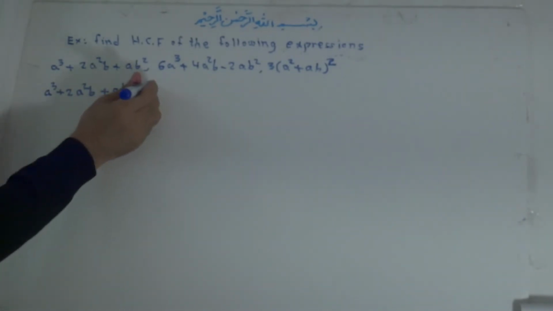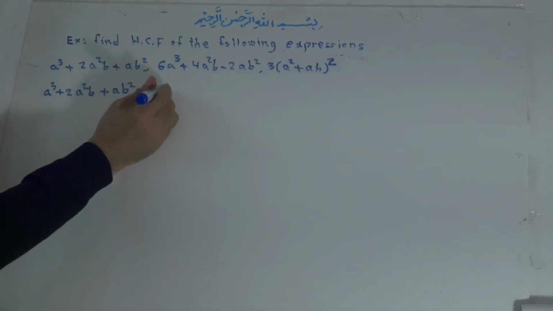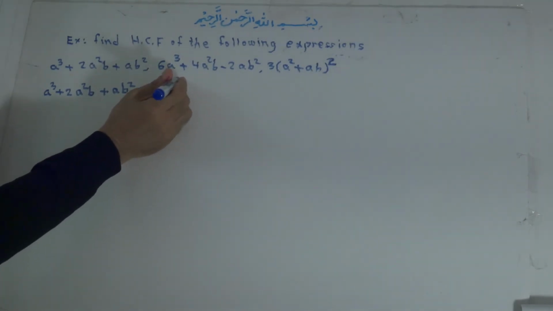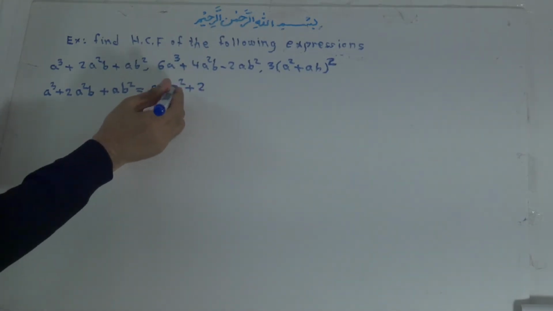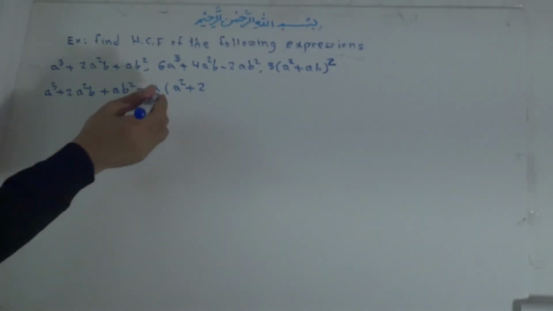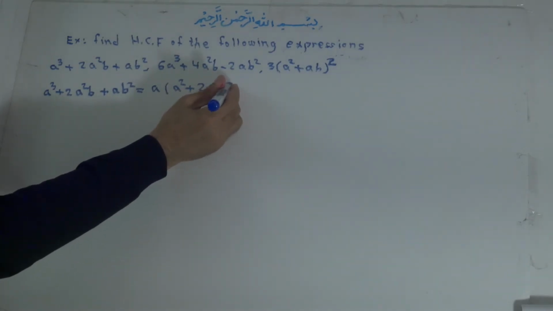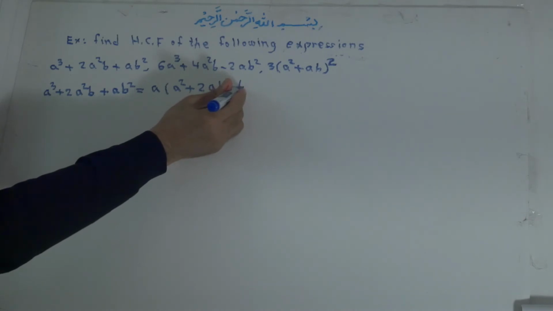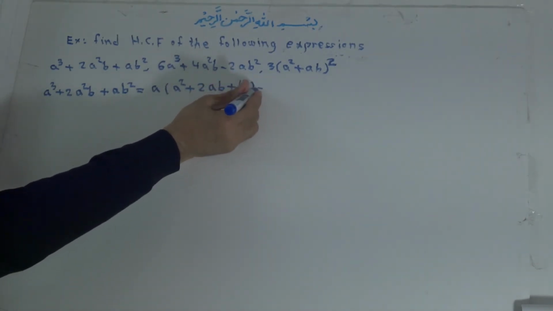In all of these, a is a common factor, so we write a times a to the power of 2 plus 2ab plus b to the power of 2. From a to the power of 3, one a is going out, remaining a to the power of 2.